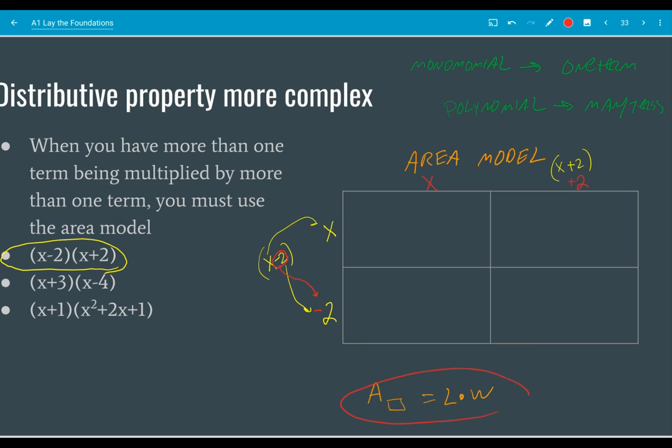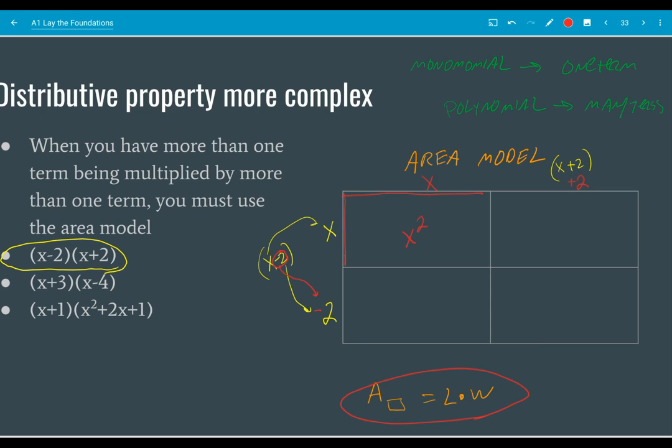Now we use the area formula, length times width, and we multiply. The length here is x. The width here is x. X times x is multiplication of two x's, so we don't have 2x, that's addition. We have x squared.